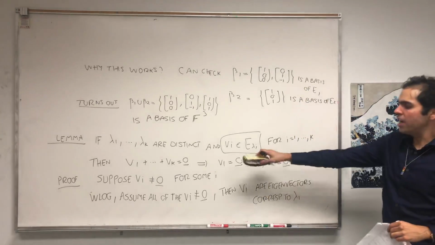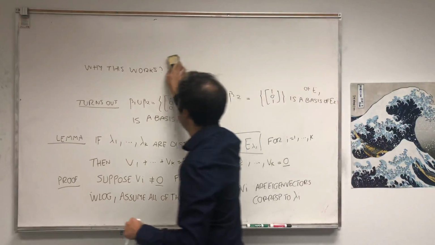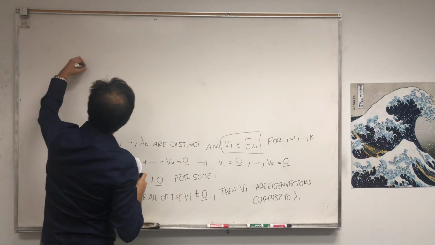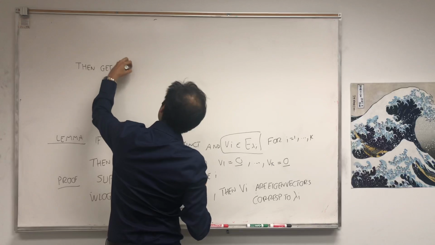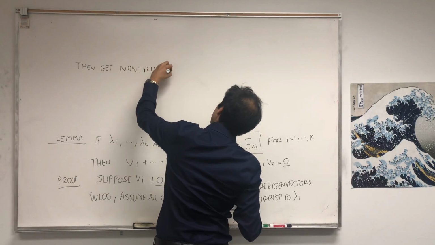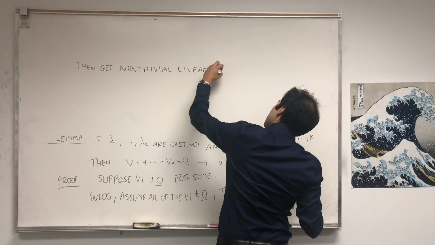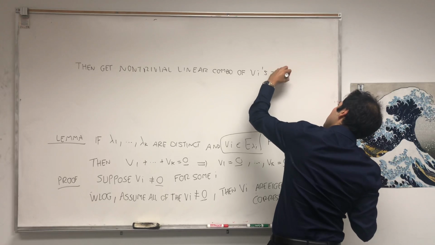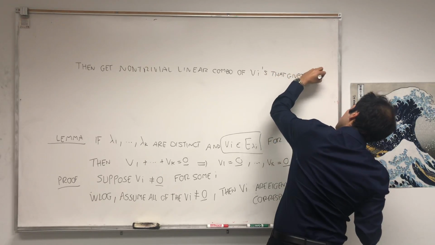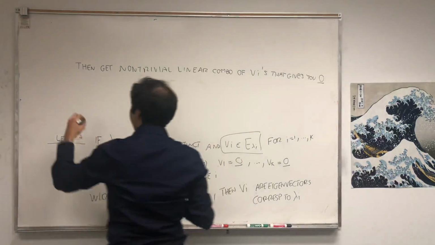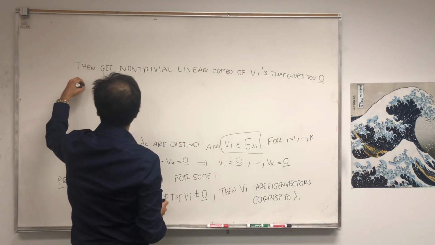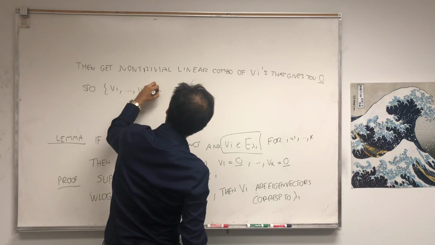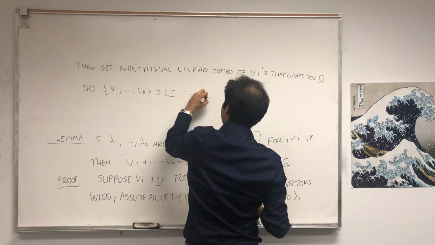Then we get a non-trivial linear combination of the Vi's that gives you 0. And essentially what I'm trying to get at is that this whole set, V1 up to Vk, is linearly dependent.